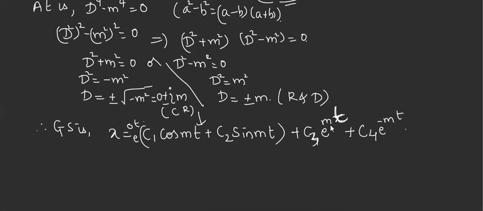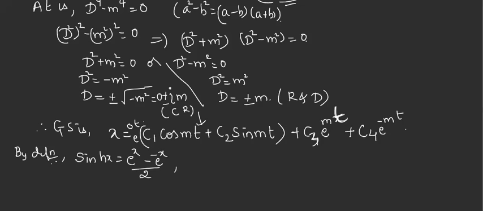Do you remember the relation between hyperbolic and exponential? I know you have not learned about hyperbolic, but you should remember because we have got so many problems on that. See, sine hyperbolic x is defined as e raised to x minus e raised to minus x divided by 2.